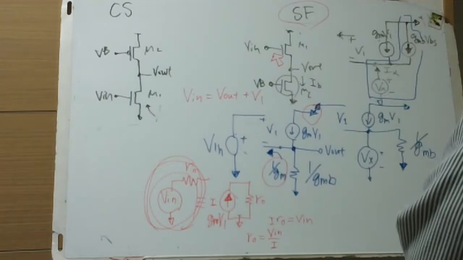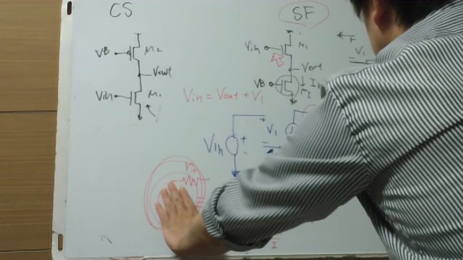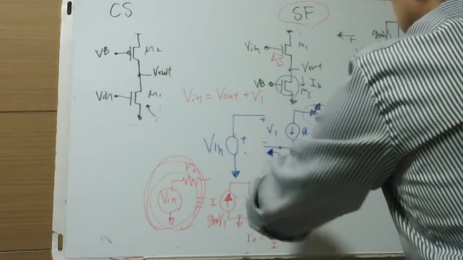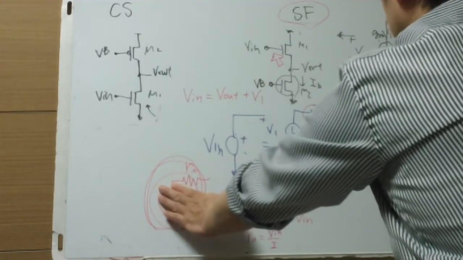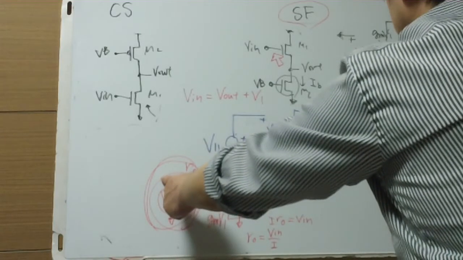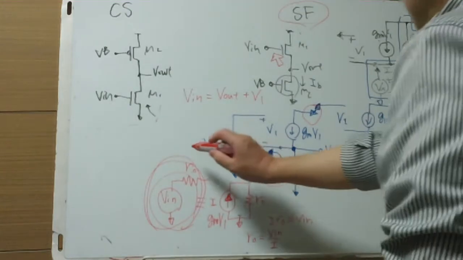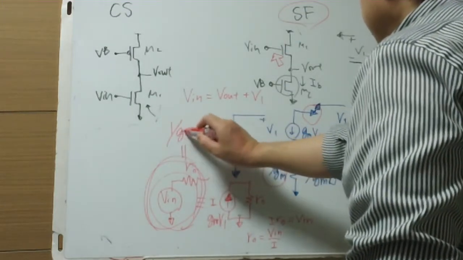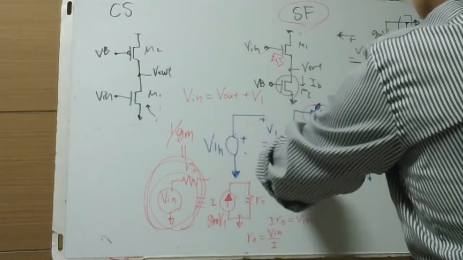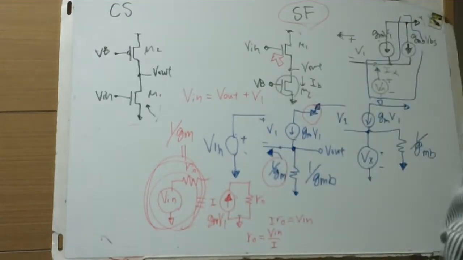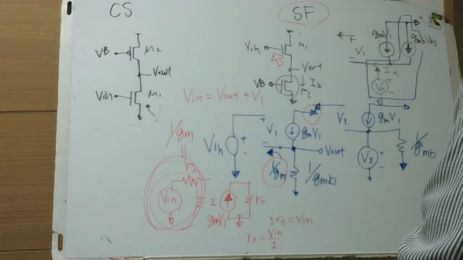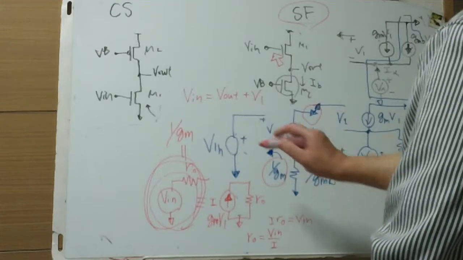When V in is shorted, that's 1 over Gm from here. This means when V in is shorted to ground, just the arrow is 1 over Gm. So this is simple. From simple insight, we write these parts like the right side of the picture, just logically saying this.